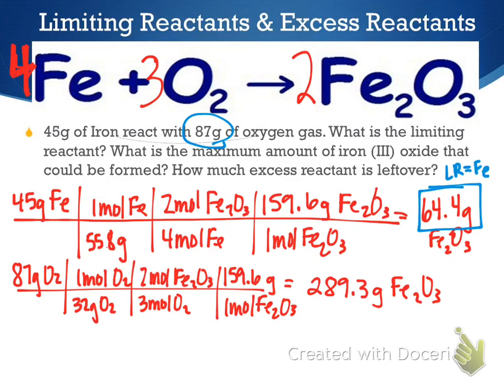So we'd start with 45 grams of iron, and we would go to grams of oxygen. We'd say, if we used up all 45 grams, how many grams of oxygen is used? That's what that T-chart is telling us. So we'd go from grams of iron to grams of O2. That's our goal here.